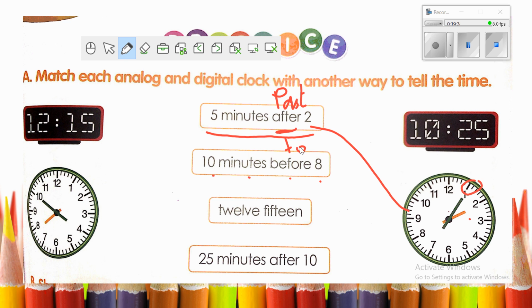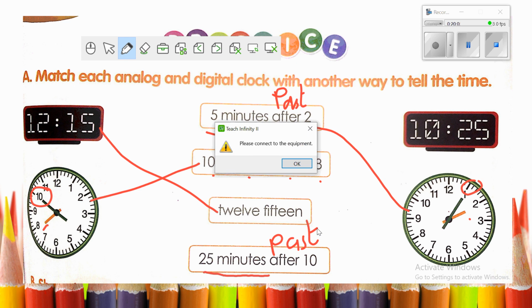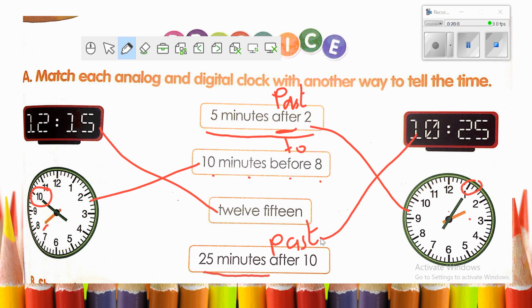Yes. 10 to, 10 to. Remember what 10 to is? Yes, it's number 10. Where is 10 to? Yes, this is 10 to. Is it 8? Perfect. 15 minutes, so easy. 25 minutes after. "After" means "past". Yes? Perfect.